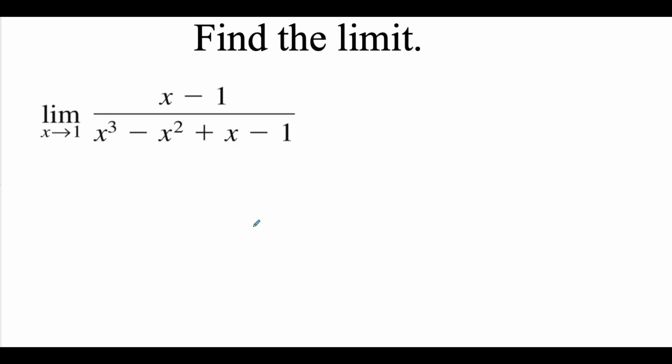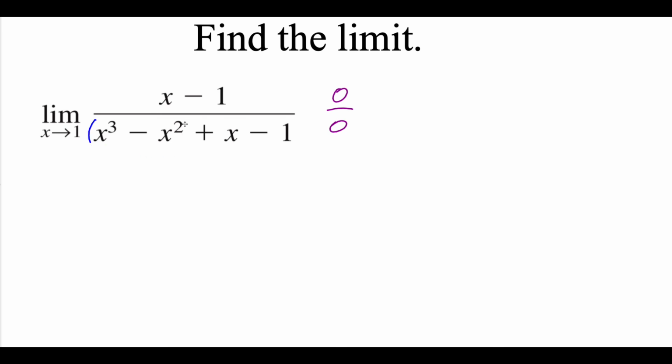Checking out this example, we've got the limit of (x minus 1) over (x cubed minus x squared plus x minus 1) as x is approaching 1. Again, if I tried to direct substitute that 1 in, I would end up getting 0 over 0, so that's indeterminate form. So I'm going to try to do some factoring here. On bottom, because of that cubic, I'm actually thinking that we should try factoring by grouping.